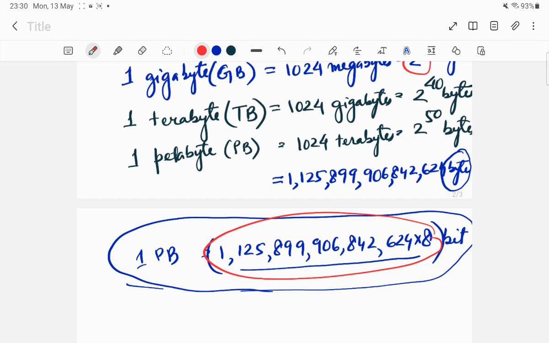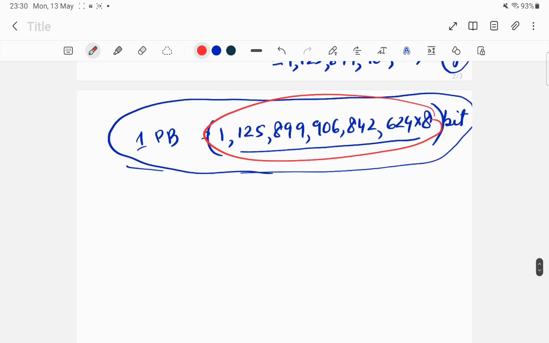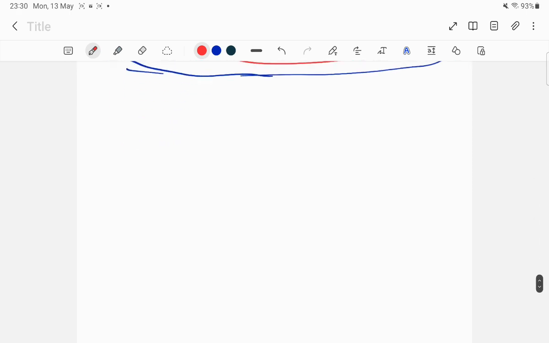Again, for processing data, the computer cannot just take 0 or 1. It needs a combination of zeros and ones.